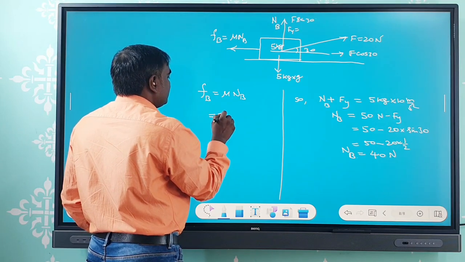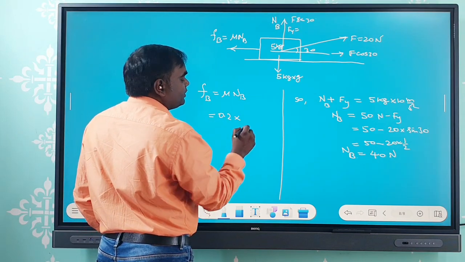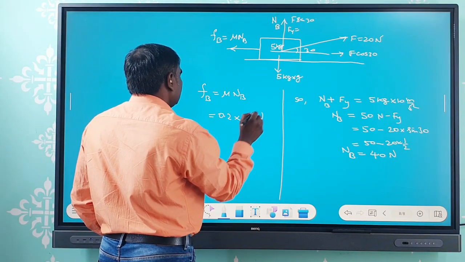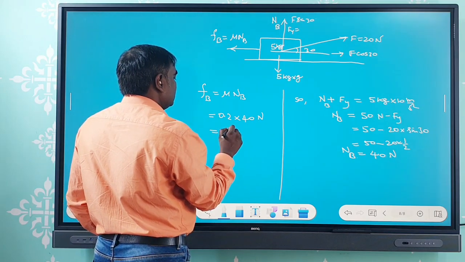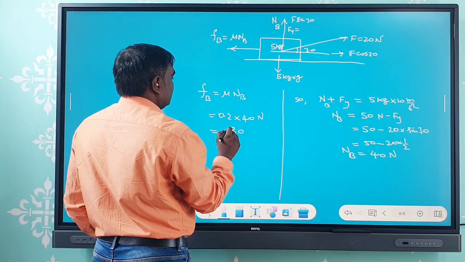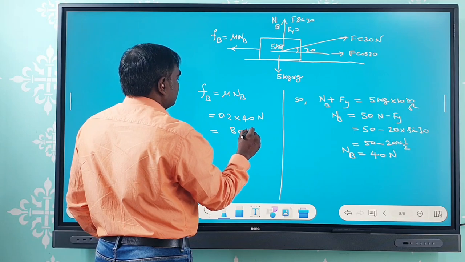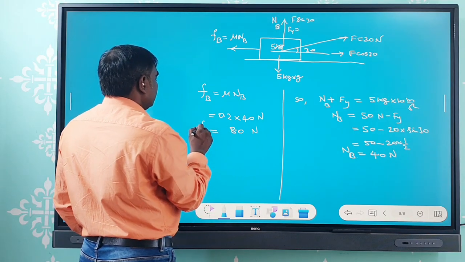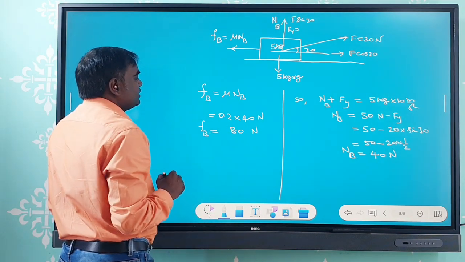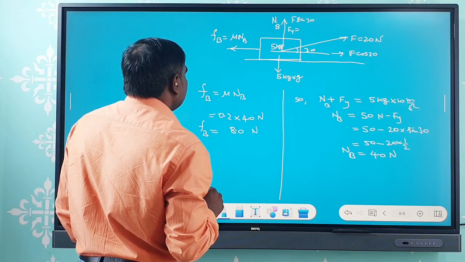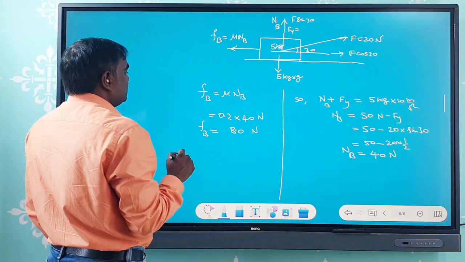Mu is equal to 0.2 into NB, and NB means 40 Newton. So this becomes 8 Newton. So FB, the frictional force in case B, is equal to 8 Newton, right?